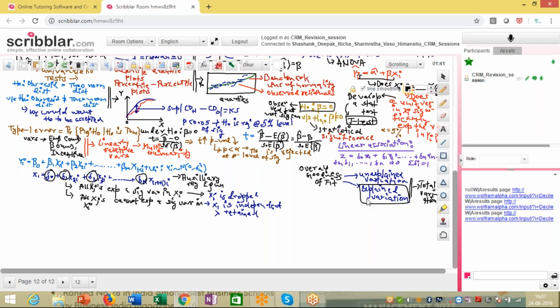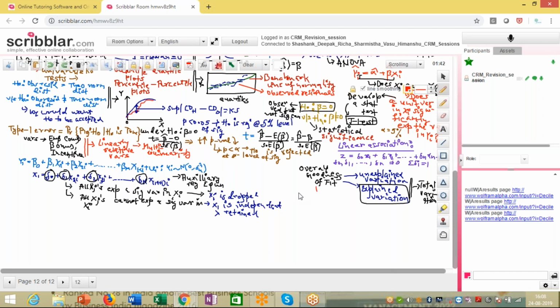And this is what we want to know: how much higher is the explained variation relative to the unexplained variation. So there are two broad measures which we look into to assess the overall goodness of fit.